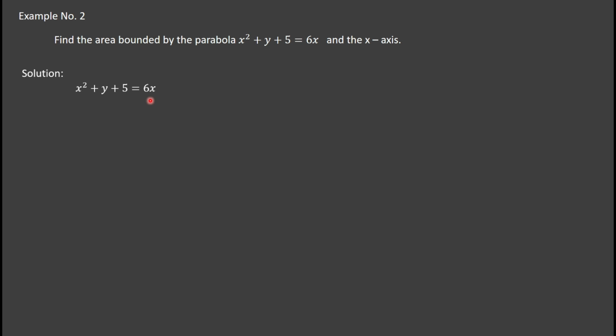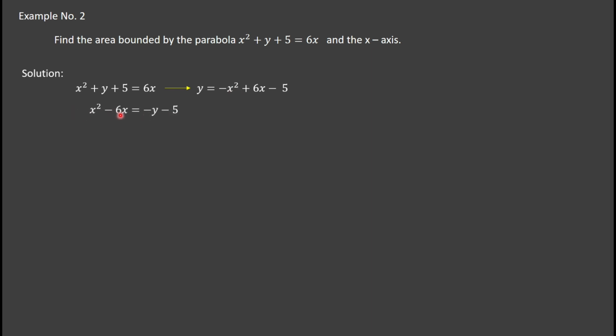We must recall the standard equation of the parabola and the formula for the vertex. So we can equate y equals negative x squared plus 6x minus 5. This would be used to determine the corresponding coordinates so that we can plot the curve in the Cartesian plane.